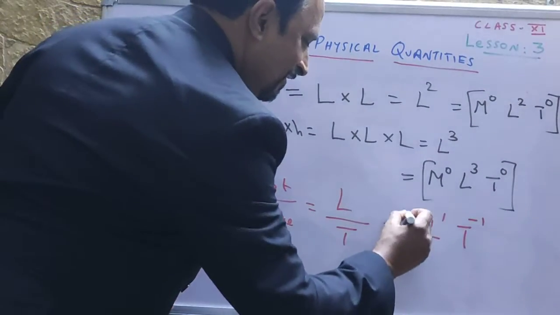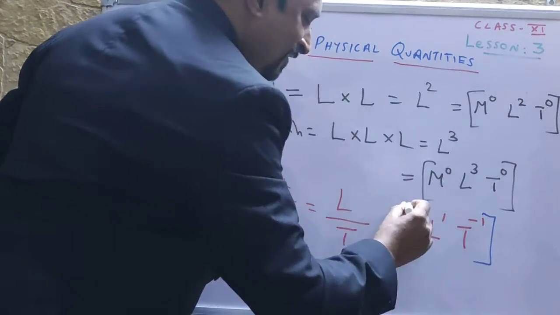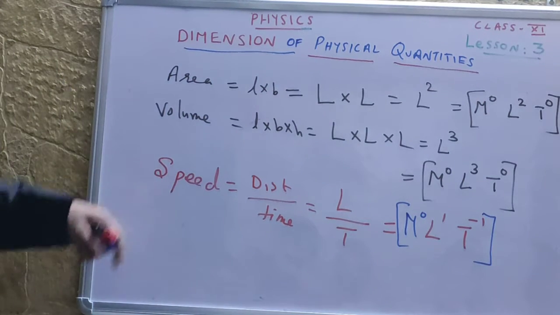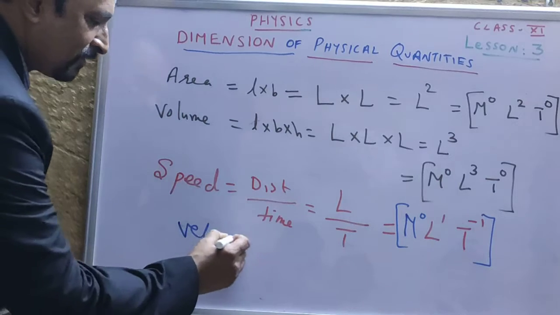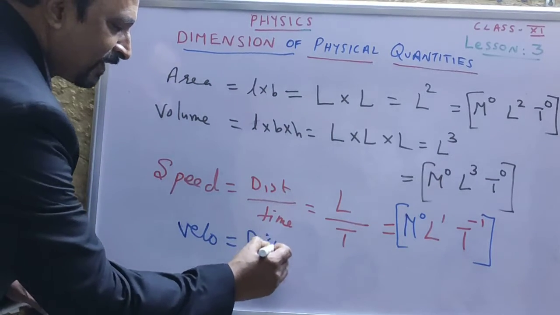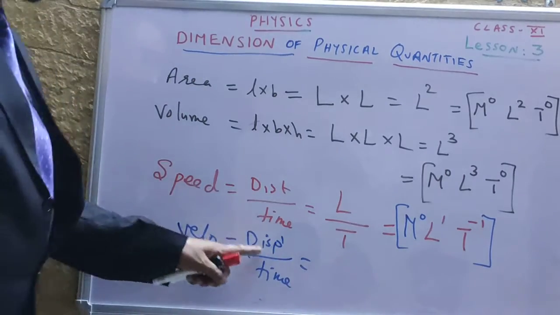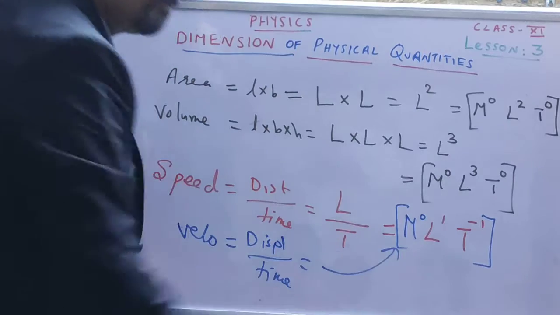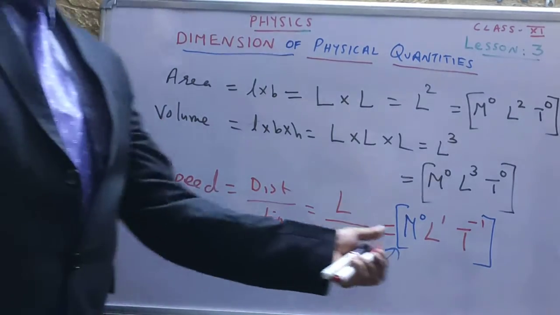There is no mass, so M0. Write it. This is called the dimensional formula for speed. Now you see velocity. Velocity is also similar. The difference is displacement upon time. You know distance and displacement both are length. So the dimensional formula for velocity is also the same. So the dimensional formula for speed and for velocity is the same.